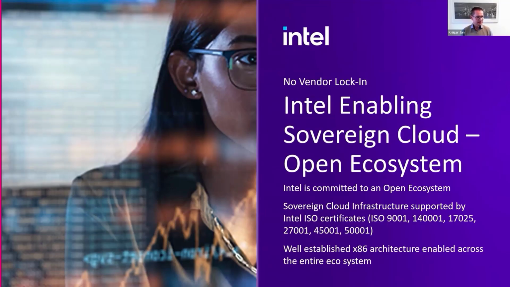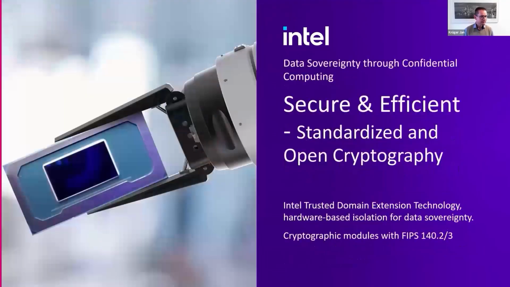So looking at the next pillar, if you quickly move on, is that within sovereignty, and Uwe mentioned that as well, is the ability to control where data resides, how data has been processed, who has access to the data. And we are supporting this requirement through accelerated cryptography.